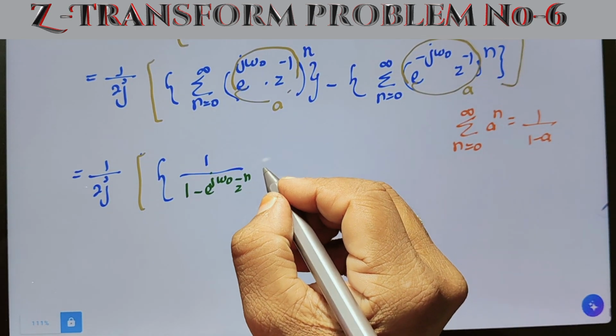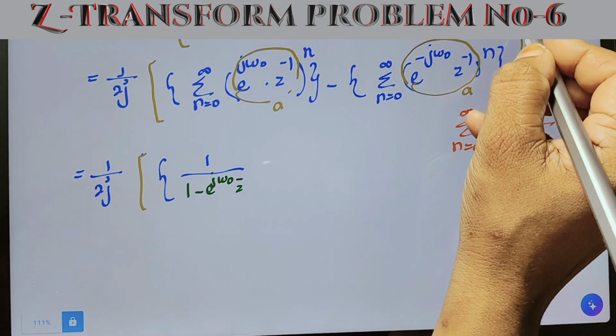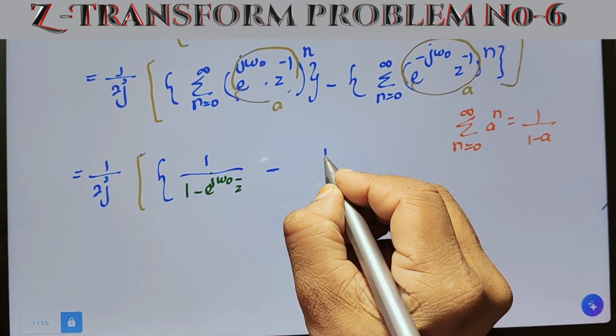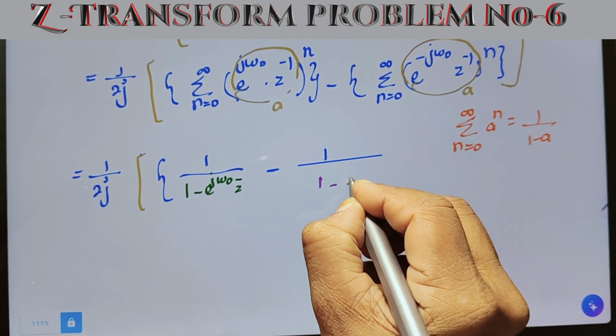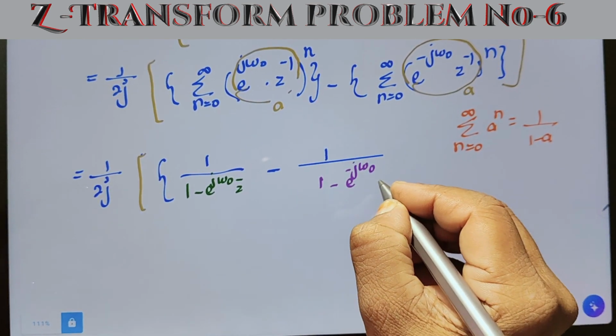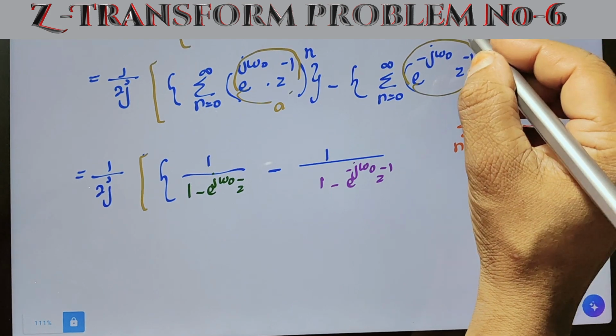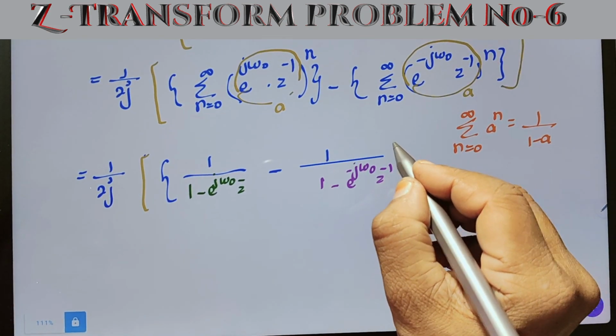For identification purposes I write in different colors, because in between there is a multiplication term and an addition term. This is the first term. In between, minus 1 divided by the second term: 1 minus e power minus j omega naught into z power minus 1. Then close the bracket.